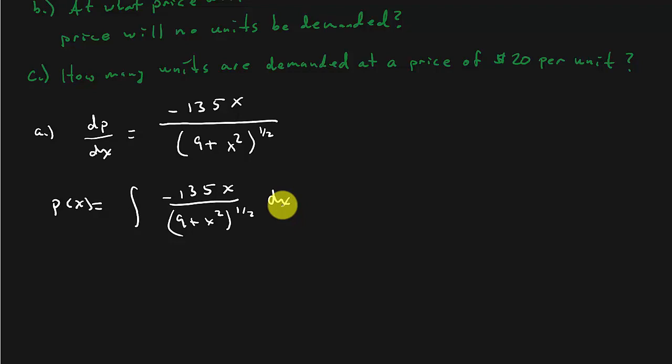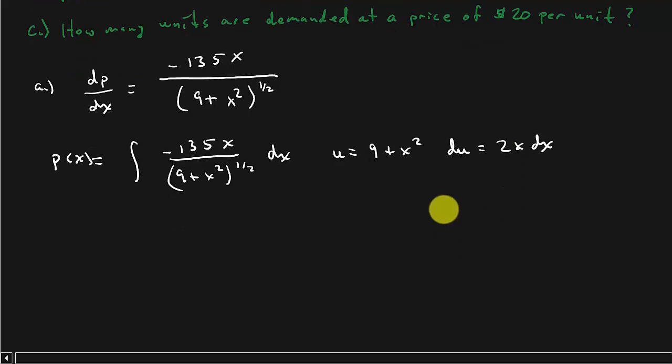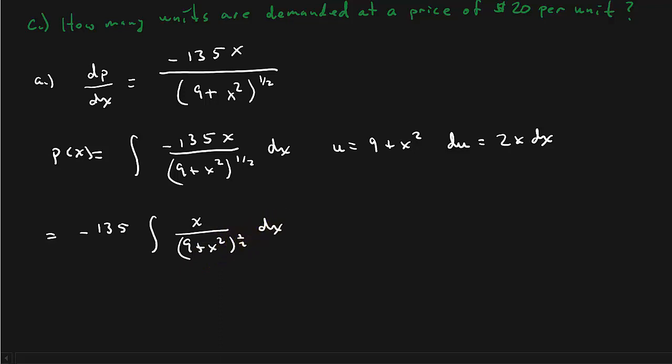All right, so here we go, U-substitution. We're going to let u equal 9 plus x squared, so du is 2x dx. Once again, we see that the negative 135 does not match the 2. Well, what did we do earlier when that happened? Well, we just took the negative 135 and moved it out. x over 9 plus x squared to the 1/2 dx. So I'm going to multiply by 2 out here and divide by 2.